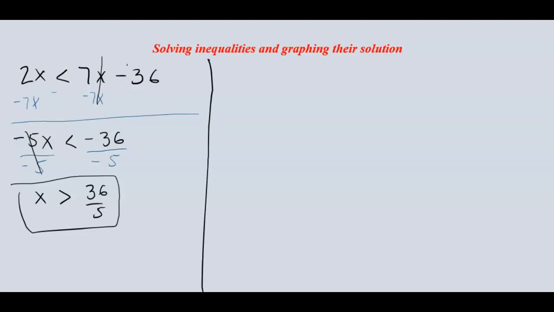Let's say we have 2 times the quantity x minus 3, plus 5, greater than or equal to 3x minus 10. Okay, so again, notice in this case we have parentheses involved, so we're gonna use the distributive property so we can eliminate the parentheses.